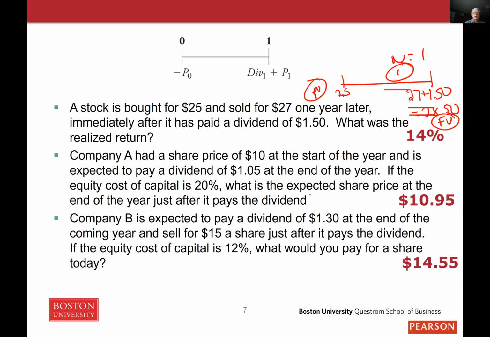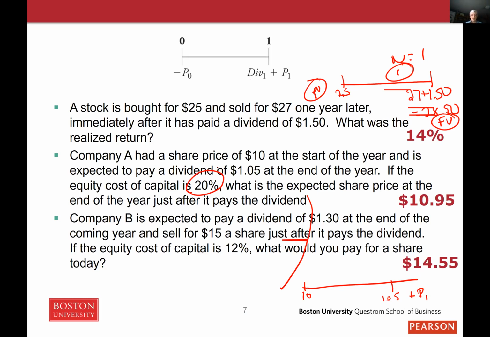For the second one, at time 0, the value is 10. At time 1, it's going to be $1.05 plus the price at time 1, and R is 20%.